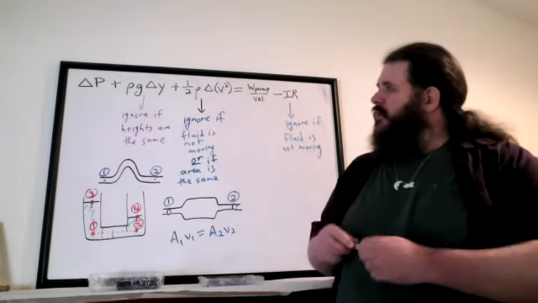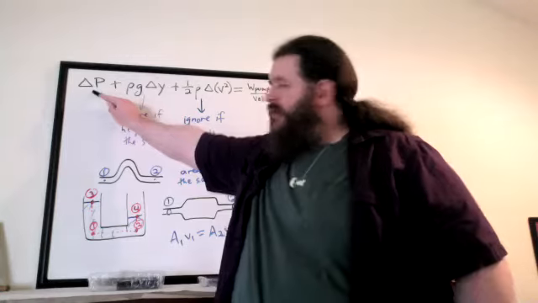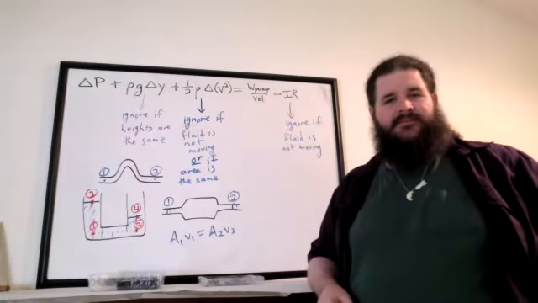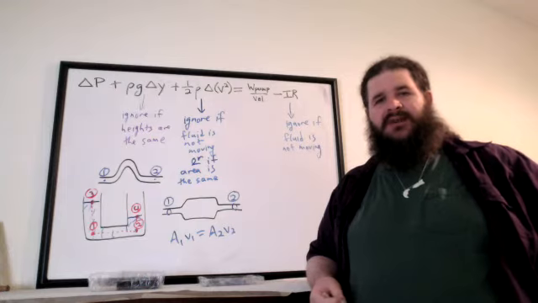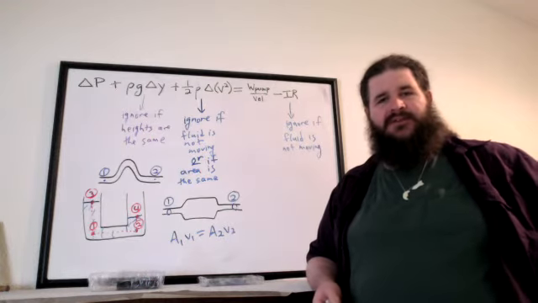And speaking of pressure, are there any circumstances where we can be absolutely certain that delta P is 0? If we're just comparing 2 points, are there any times when we know they have no difference in pressure?